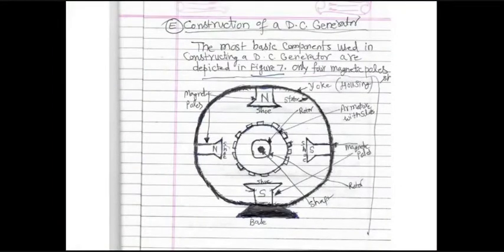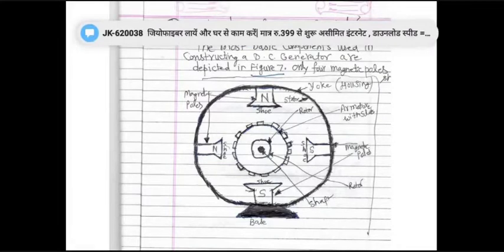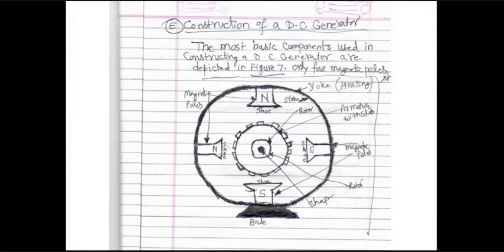The stator has all the magnetic poles, and then at the center of the stator, you have the rotating mechanism. You have at the innermost a solid shaft, S-H-A-F-T, which is being driven by an outside agency and is being rotated.